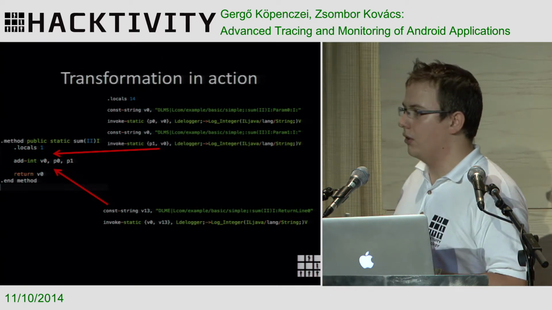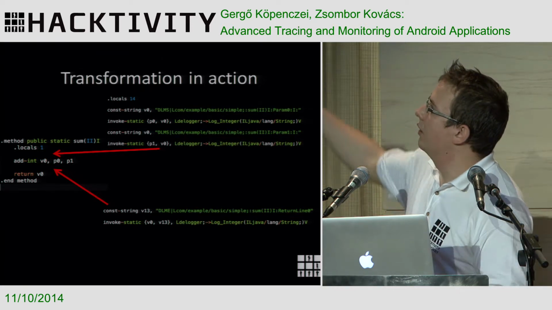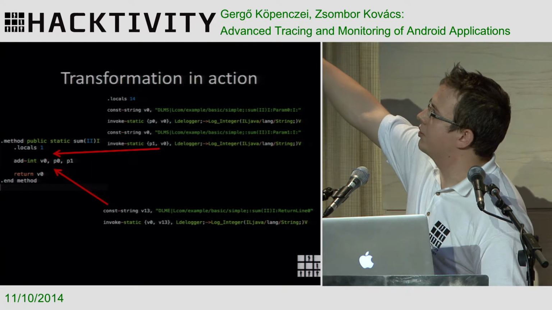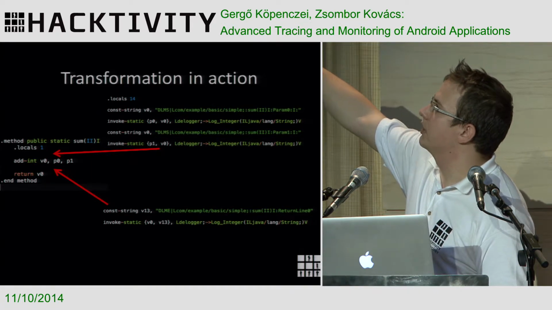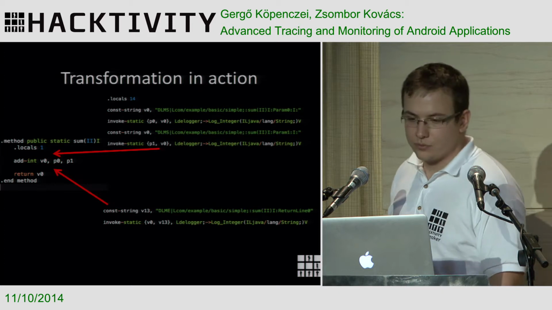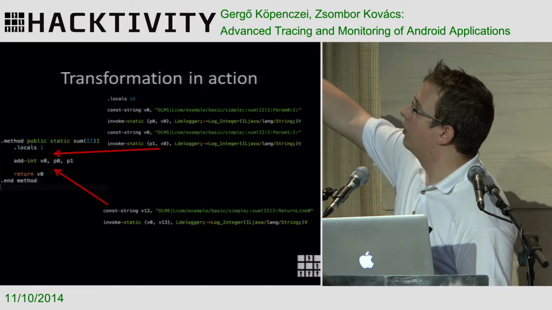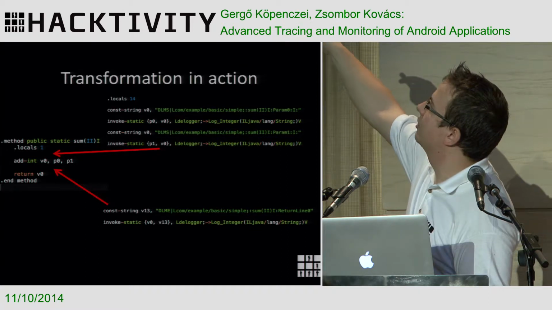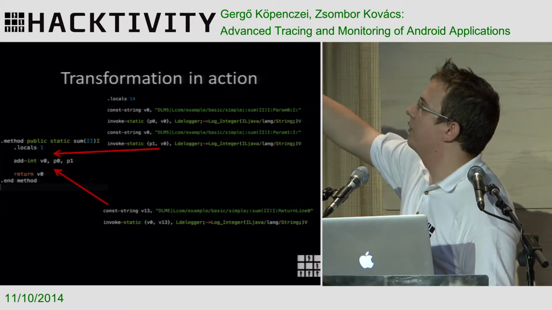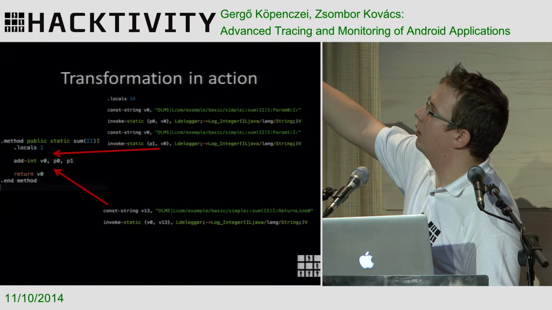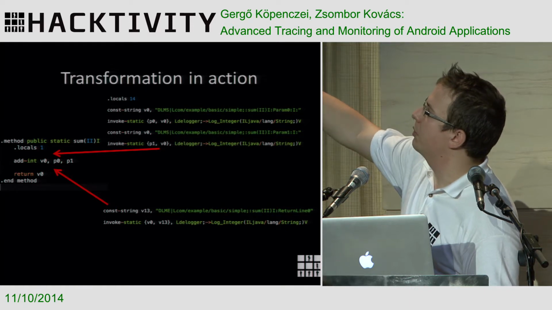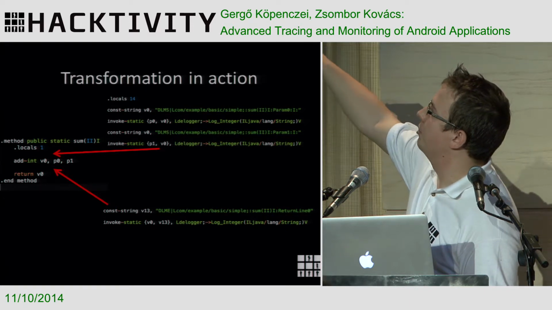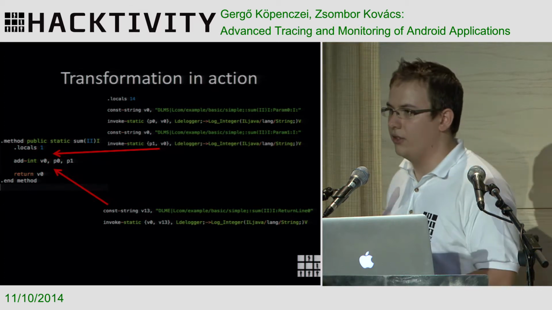And what our tool does is, first, we increase the local registers as much as possible. Then we use v0 at the beginning. We put the log string there, and then we use p0, the first parameter, and this text to invoke the logging method.